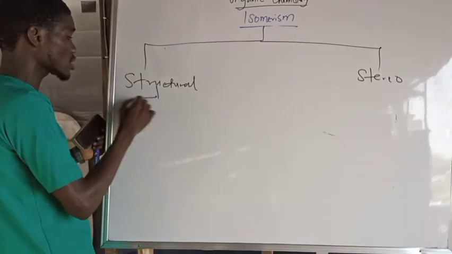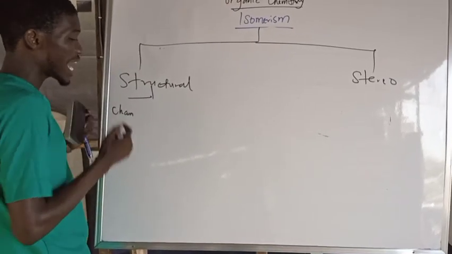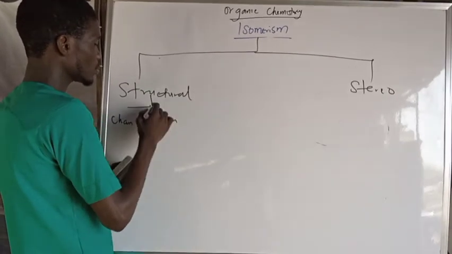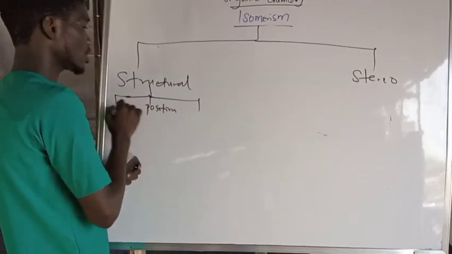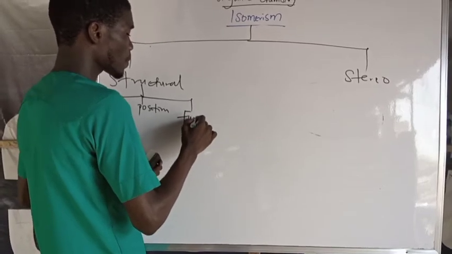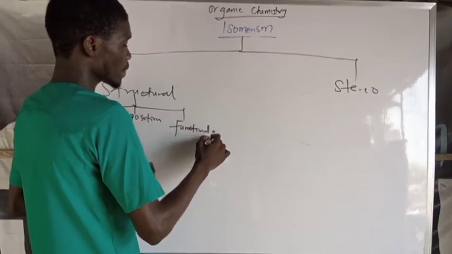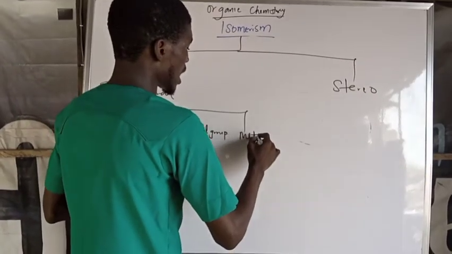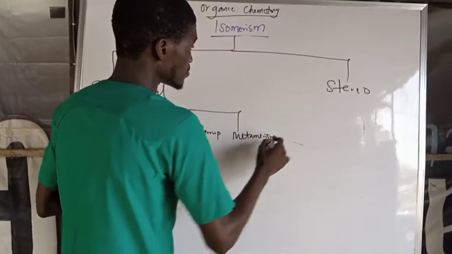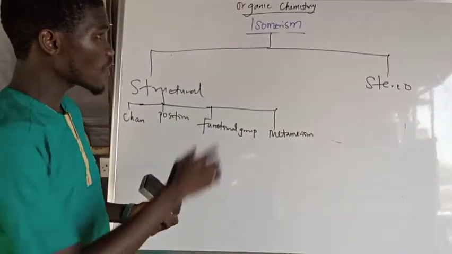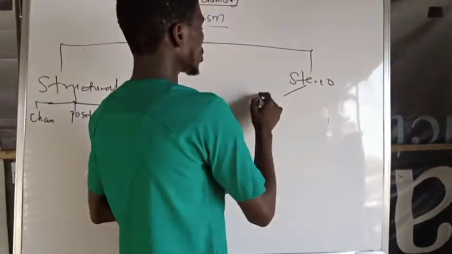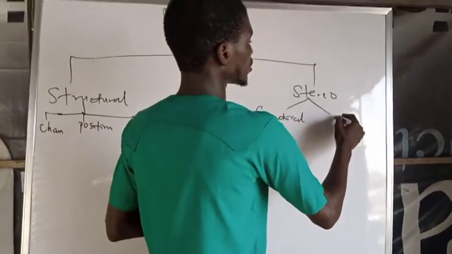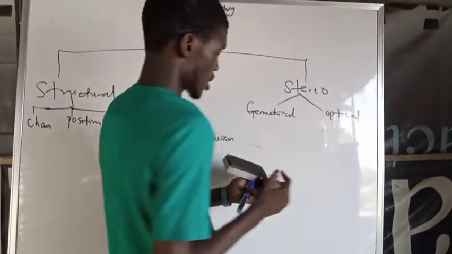The first one is chain isomer. The second one is position isomer. The third one is functional group isomer, while the fourth one is metamerism. Then for stereoisomerism, we have geometrical isomer and optical isomer.